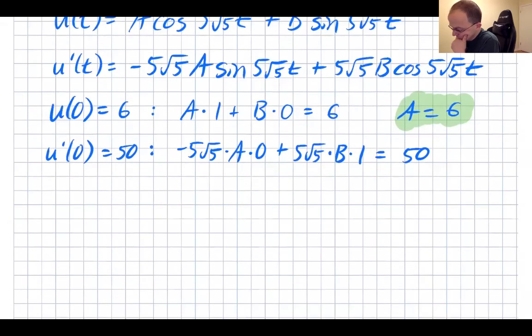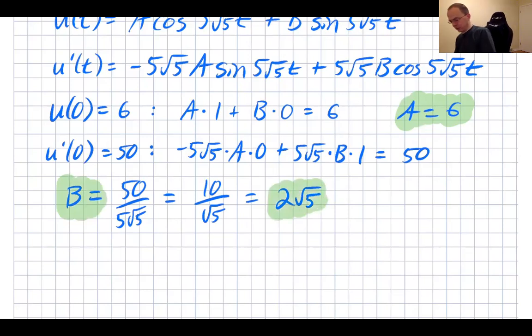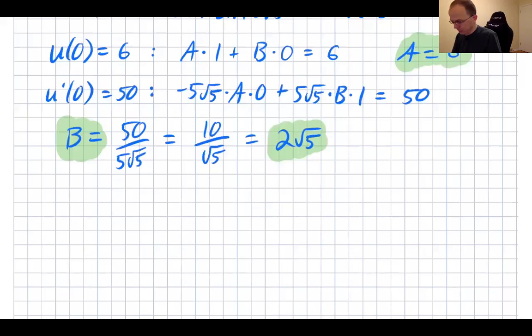And so we get that b is equal to 50 divided by 5 root 5, which is 10 divided by root 5, which I guess we should simplify as 2 root 5. So that's our value of b. So b is equal to 2 root 5. Okay, so now we can compute c.